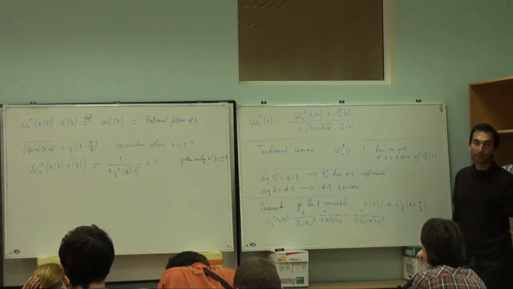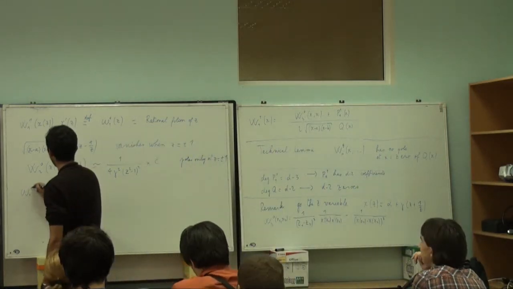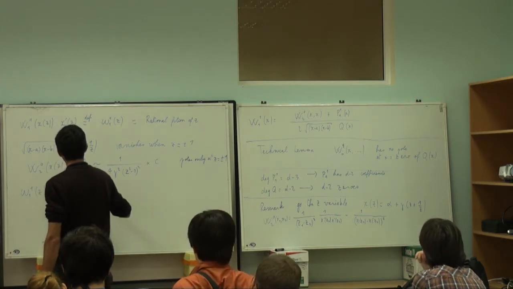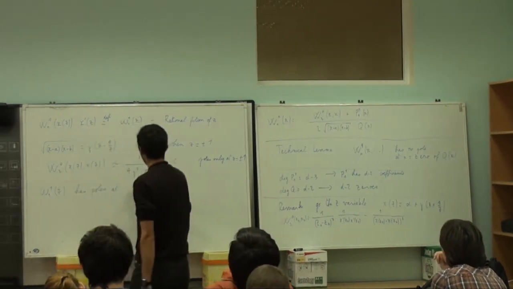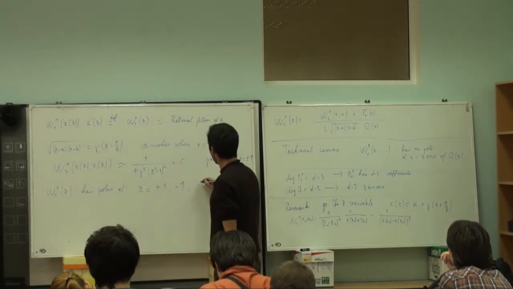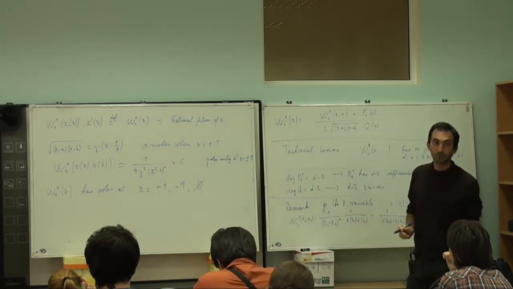And in fact, this means that there can be no pole. So omega 11 of z has poles at z equals plus 1, minus 1. At 0, it cannot have poles, just by looking at the degrees, the ratio of the two terms.